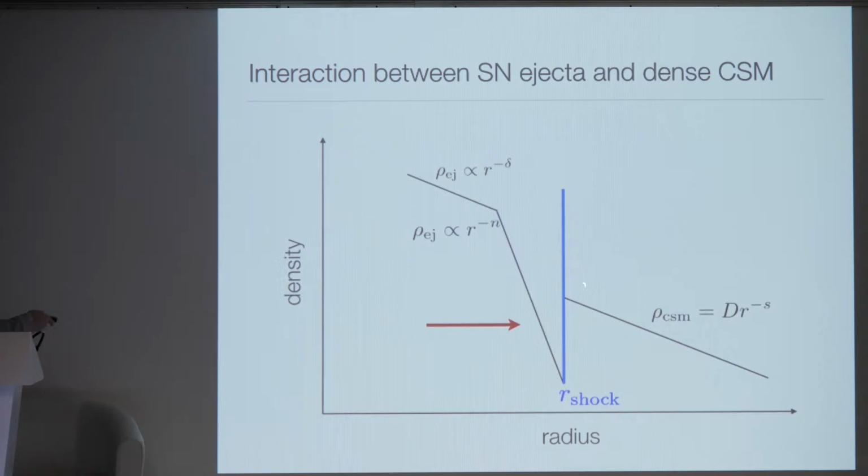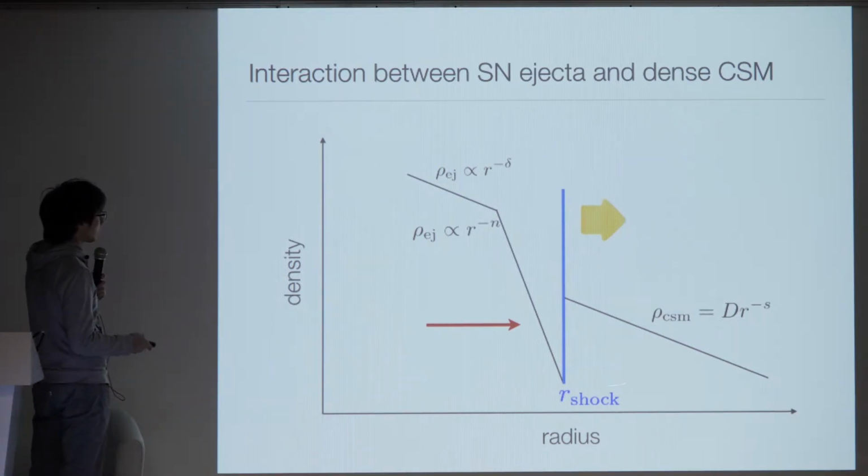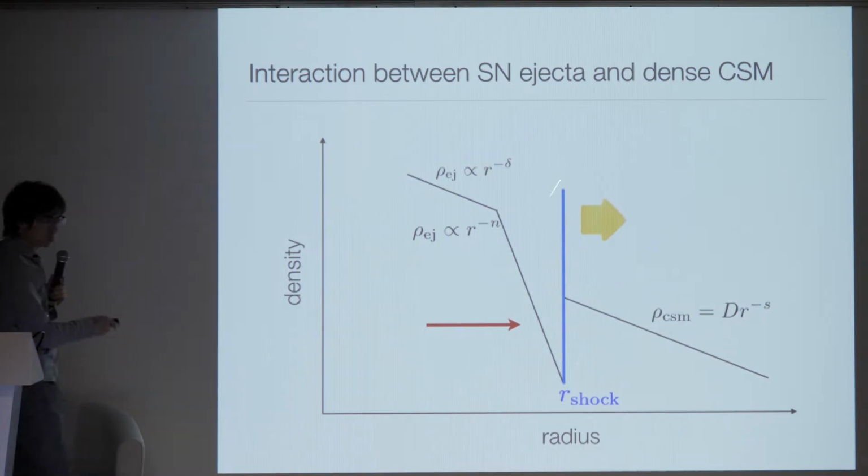If there's a shock wave going into the circumstellar matter, then there will be a thin shell there, because radiative cooling makes this supernova bright. So there will be a very thin shock, which can be assumed to be just a thin shell.